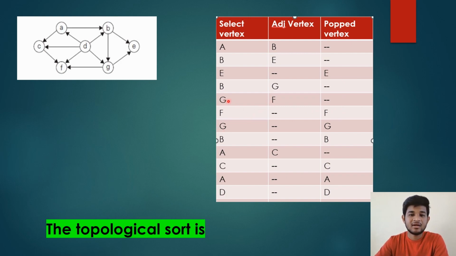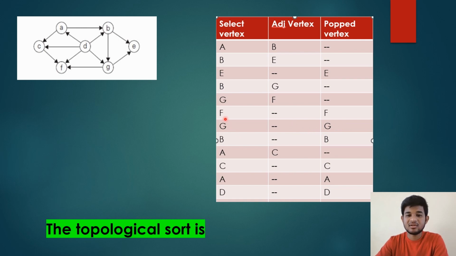Remove the F and the vertex which is before F is G. Put it in the select vertex and find the adjacent vertex for G. For G, there is no adjacent vertex because F is already popped out and E is popped out. Therefore, as there is no other out degree, just pop it and write down G in the popped vertex table.